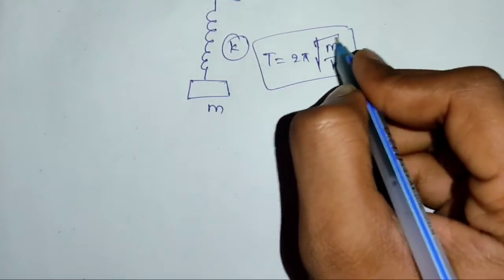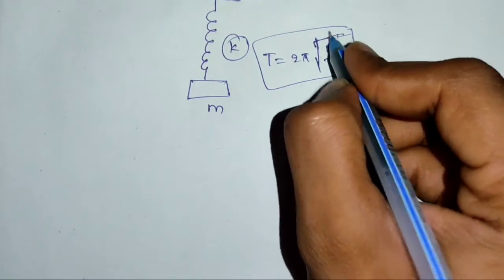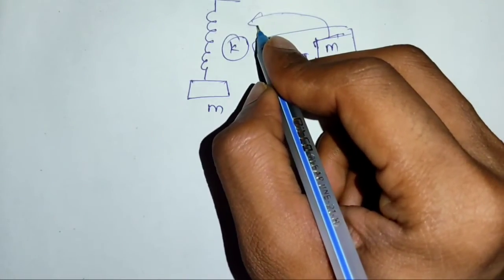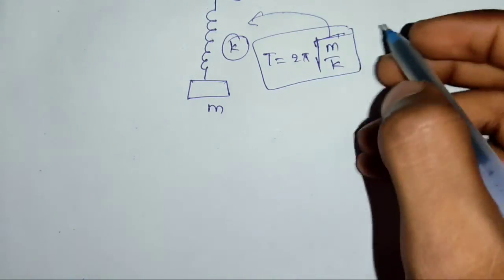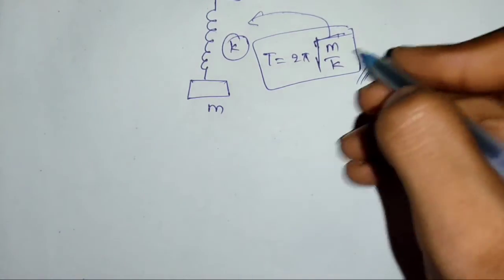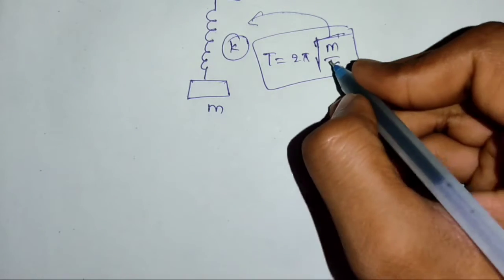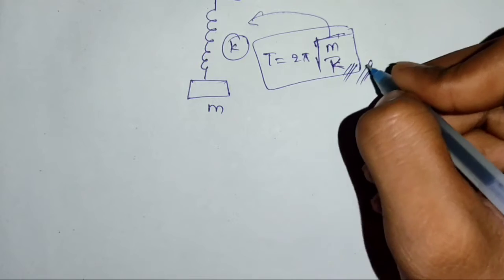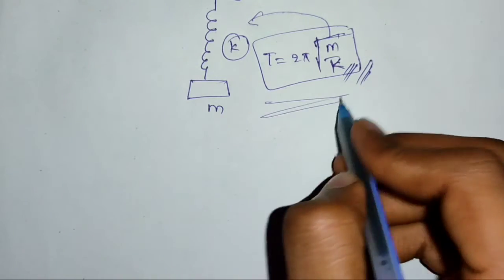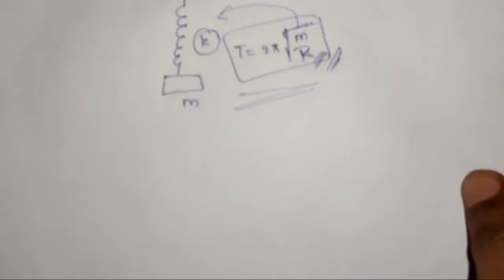Here it is dependent on mass. Okay, in the simple pendulum it is independent of mass, but here it is dependent on mass, and it also depends on the spring constant. Okay, we will discuss more about springs also, and also the time period of a compound pendulum.